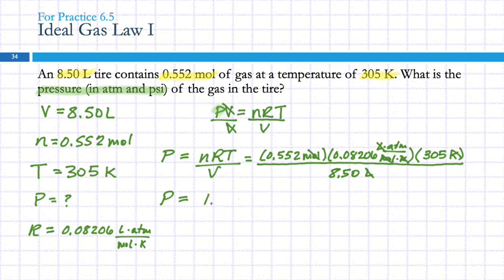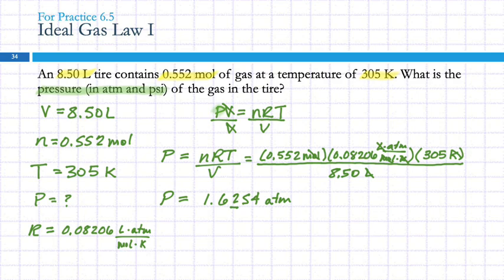I'm getting 1.62. The unit would be atmospheres, and all of these numbers that we were using here had 3 sig figs except for R. So our answer should have 3 sig figs.